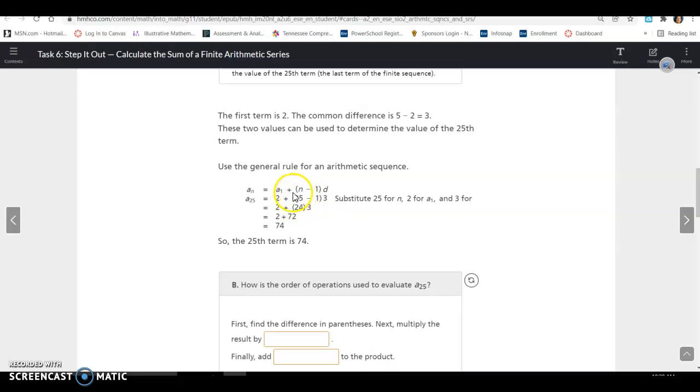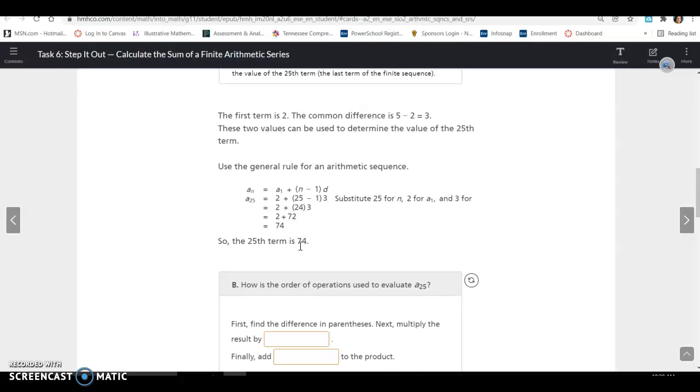Since we're looking for the 25th term, and we know that our common difference in this case is 3, we can plug these numbers in and solve. So we're going to do 25 minus 1 is 24, times 3 is 72, and then add 2 to get 74. So our 25th term is 74.